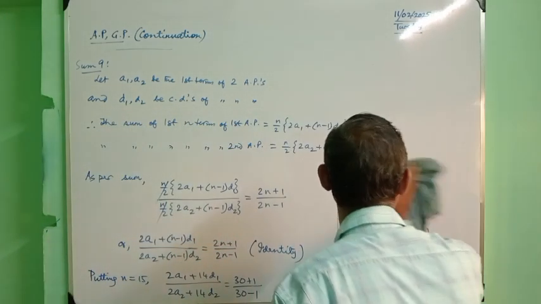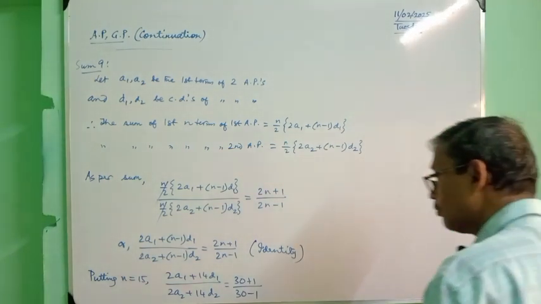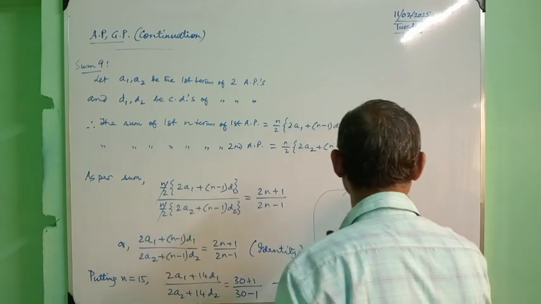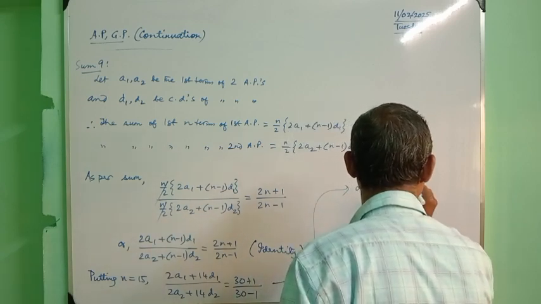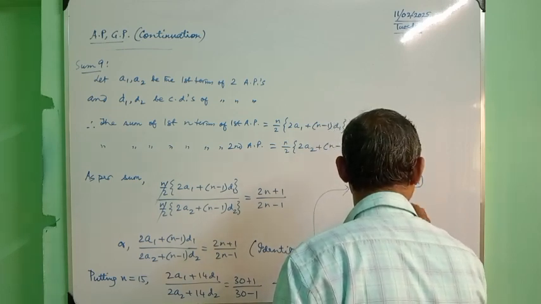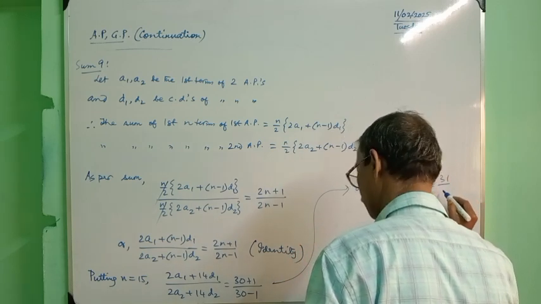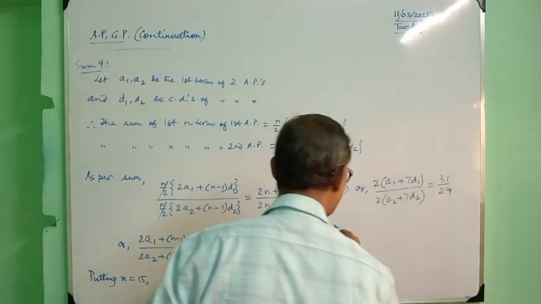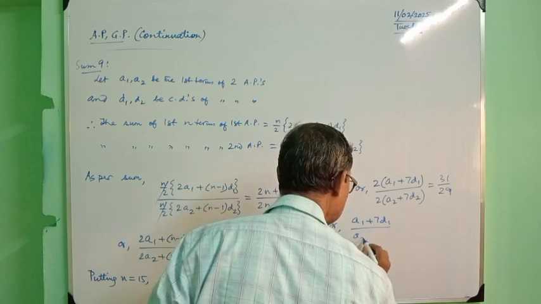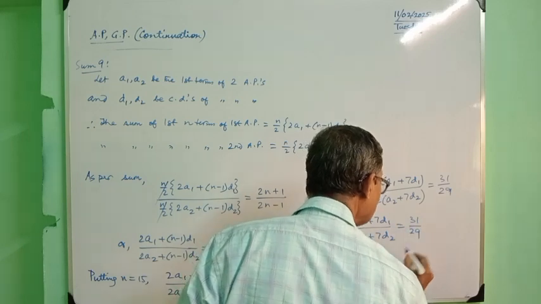Note this, very important. So A1 plus 7D1 over A2 plus 7D2 is 31 by 29.